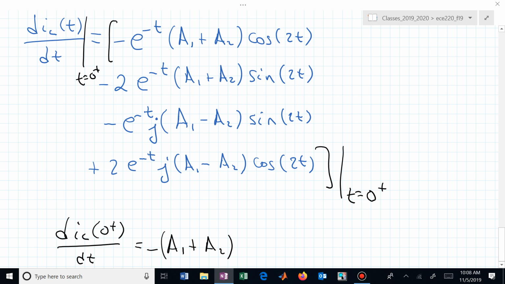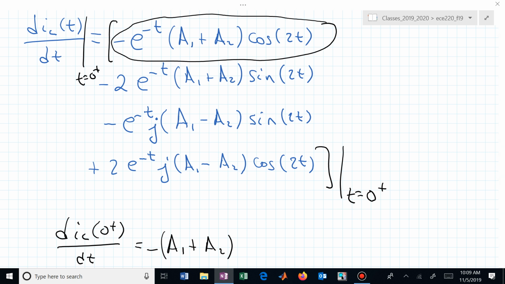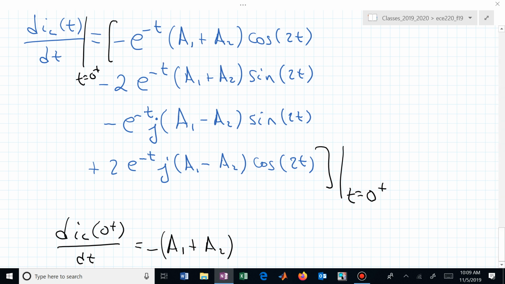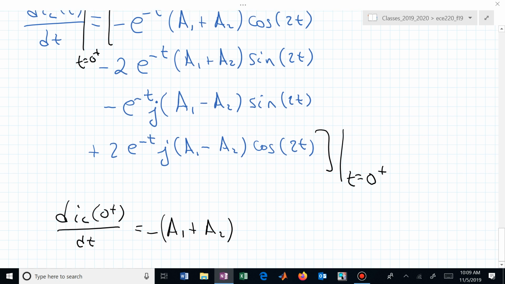That's coming from that piece, evaluated at 0. The second term vanishes because it's a sine of 2t. The third piece vanishes because it's also a sine. The last piece gives me some terms.